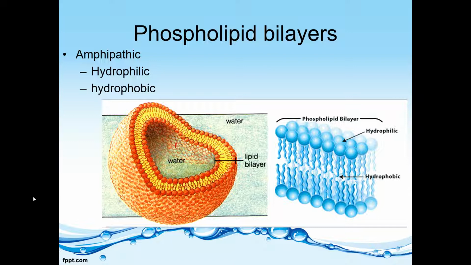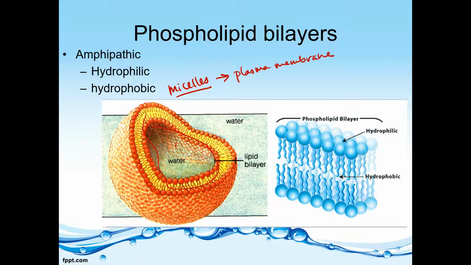What's kind of cool about our amphipathic phospholipid bilayers is that they can build these beautiful little bubbles. Sometimes we call these bubbles micelles. And then these micelles, we think, got a little bit bigger and started holding in some cool stuff, and eventually evolved into plasma membranes.